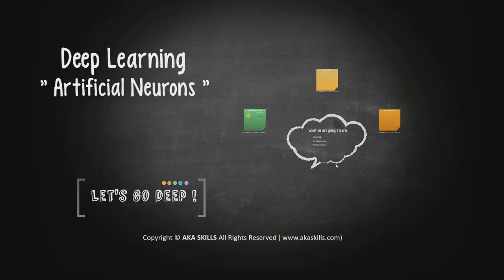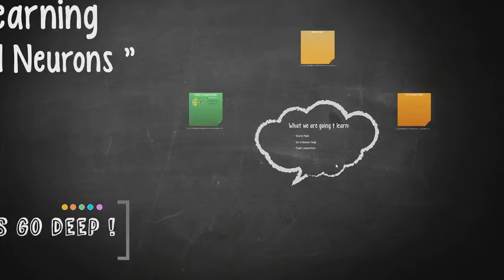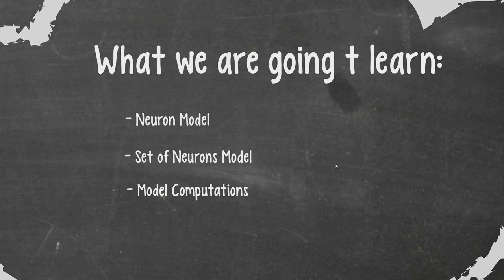First we're going to start with artificial neurons, and then we're going to see a model for a set of neurons to construct a small artificial brain. And then we're going to see how the computations are done in this model.